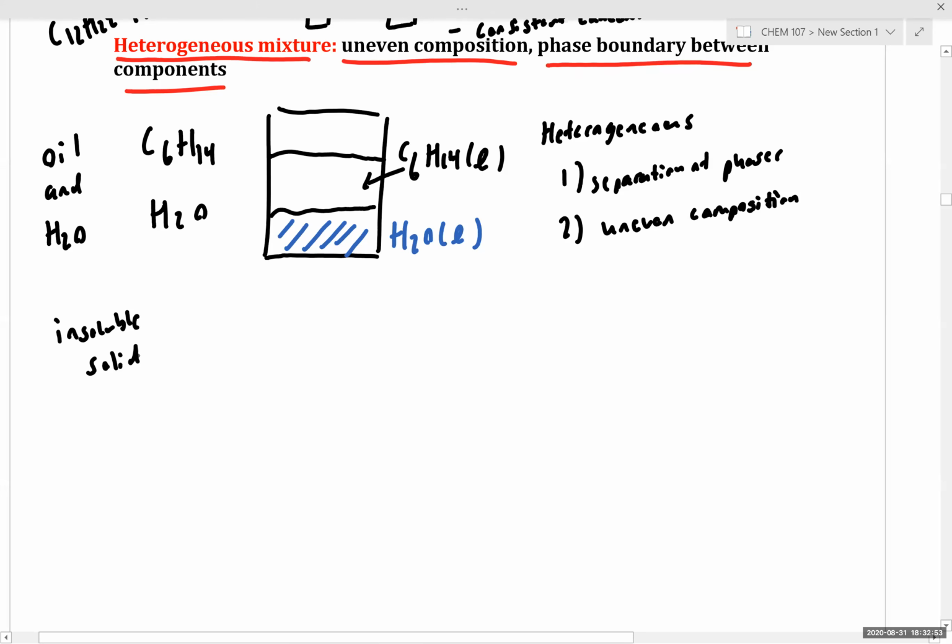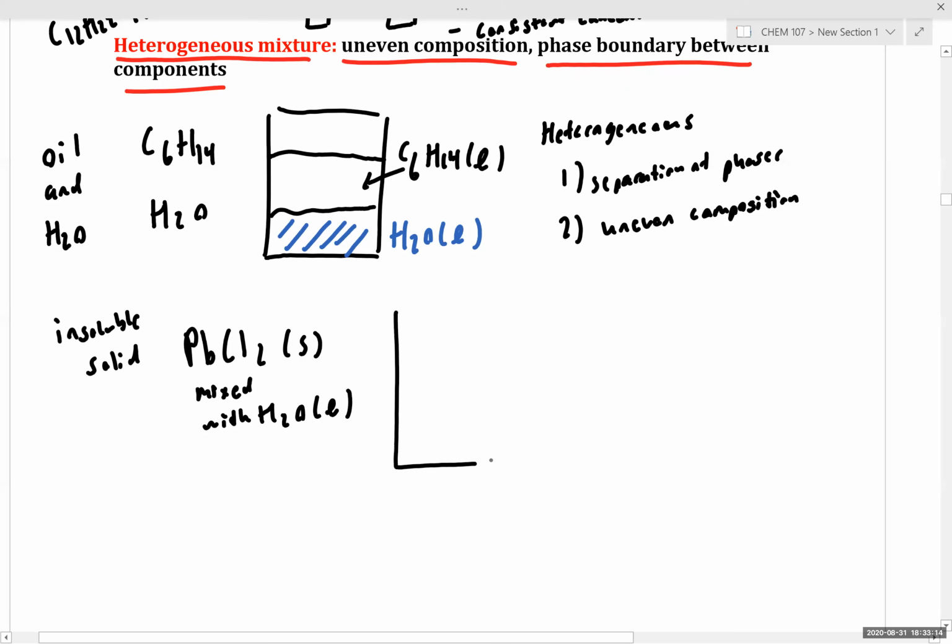So for example, whenever you see solid state symbols used when something is mixed with water, that's a sign that you're dealing with a heterogeneous mixture. So for example, lead chloride solid mixed with water.